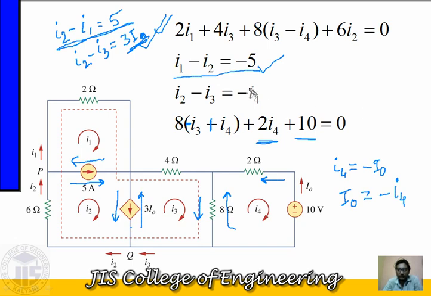Because we know I2 minus I3 gives thrice of I0, and I0 means minus of I4, thrice I4.